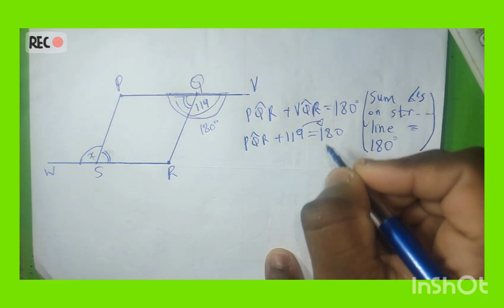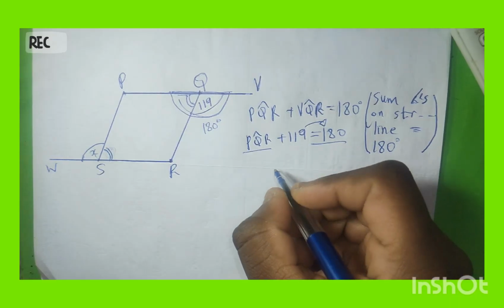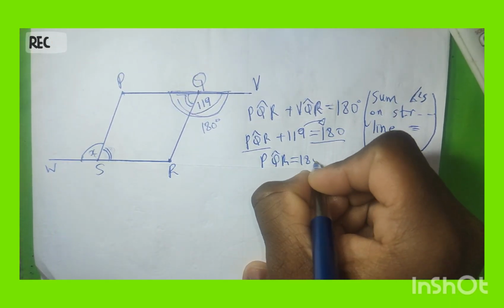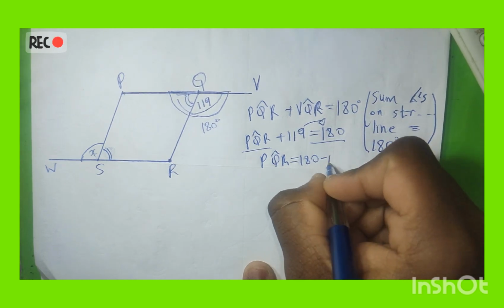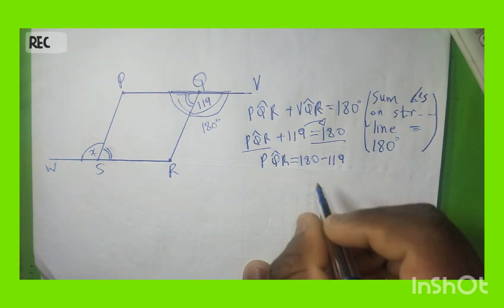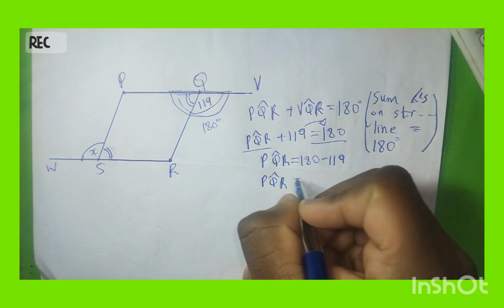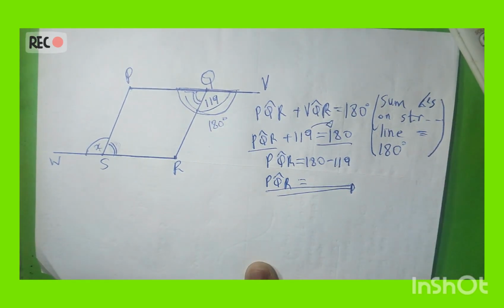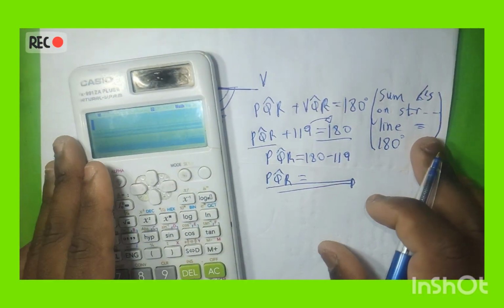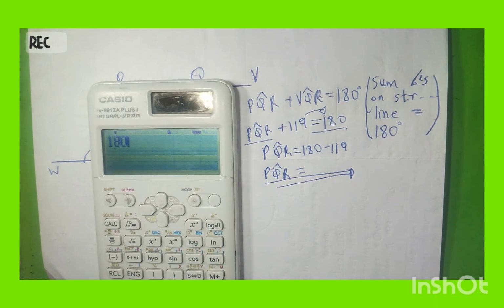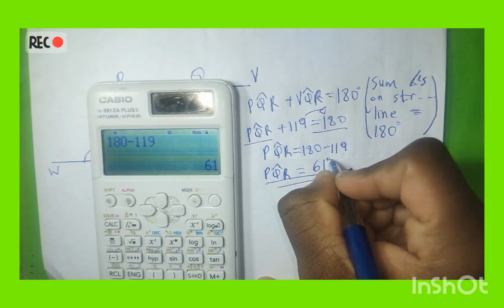I can take a number to the other side. What I don't affect, I write the way it is. But this one goes to the other side, so it changes sign. Let's press our calculator: 180 minus 119. It means that I will get 61 degrees.